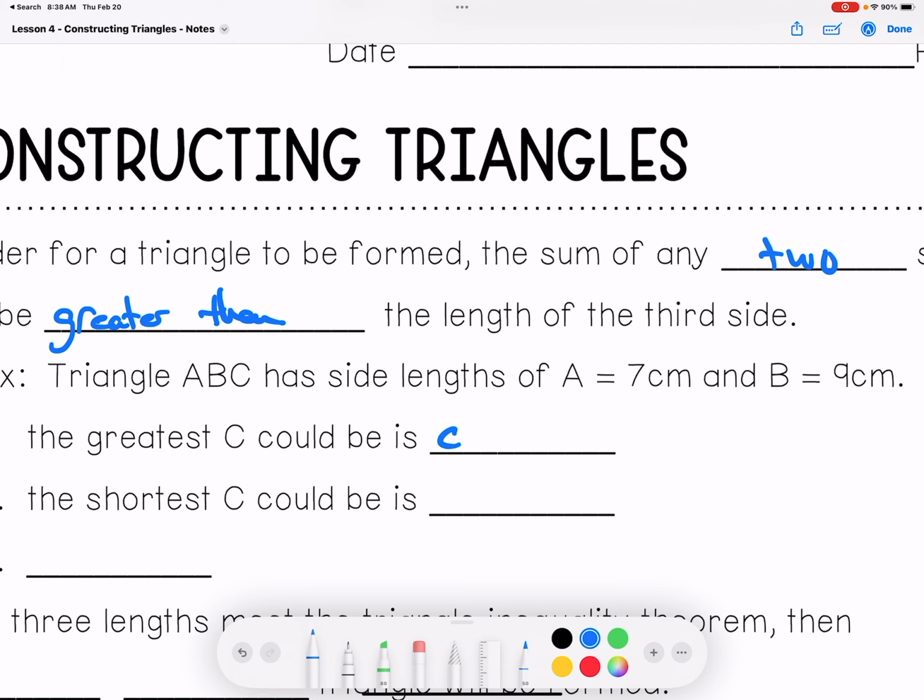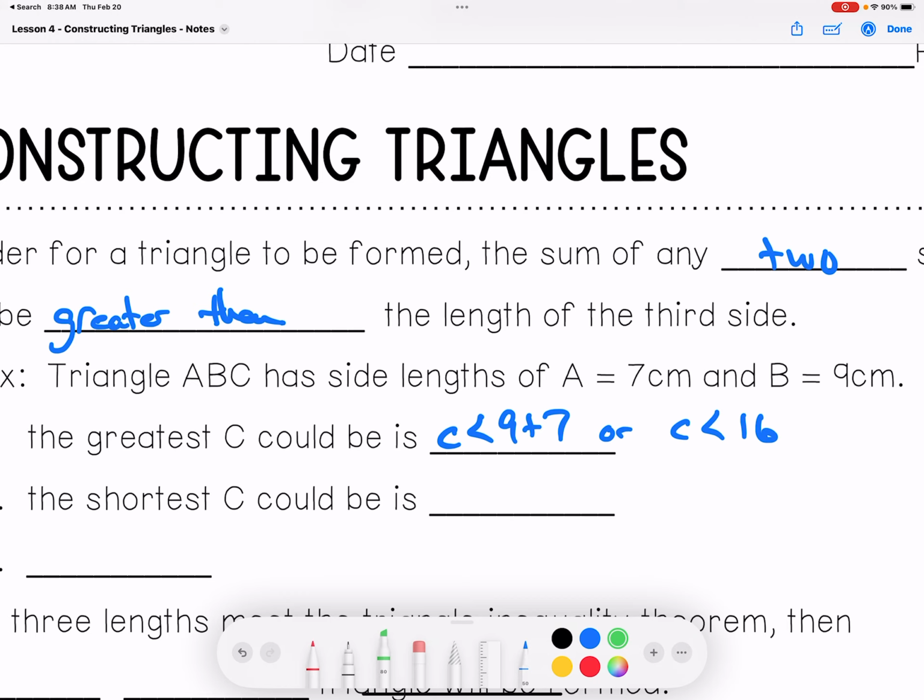C has to be less than 9 plus 7. So it has to be less than 16, or C has to be less than 16, because you can add those up and you get 16. Okay, so either one of those, but you do need to write both of those.